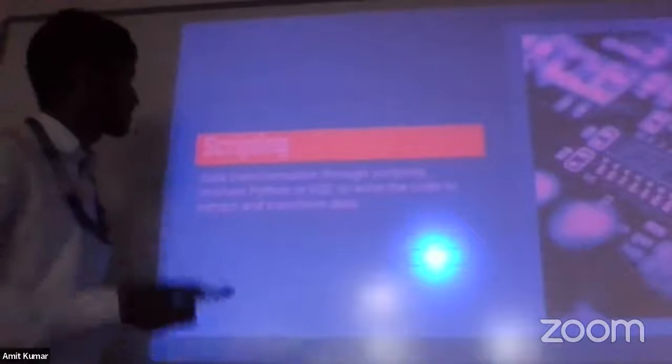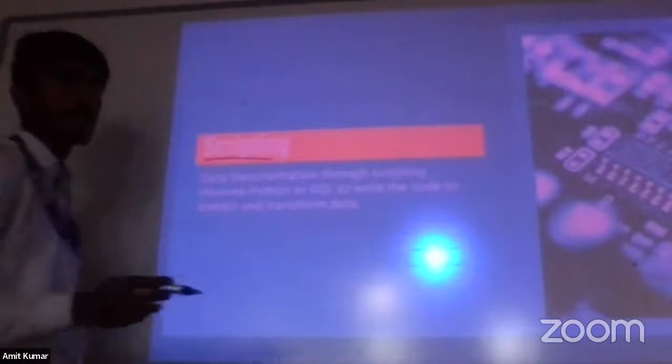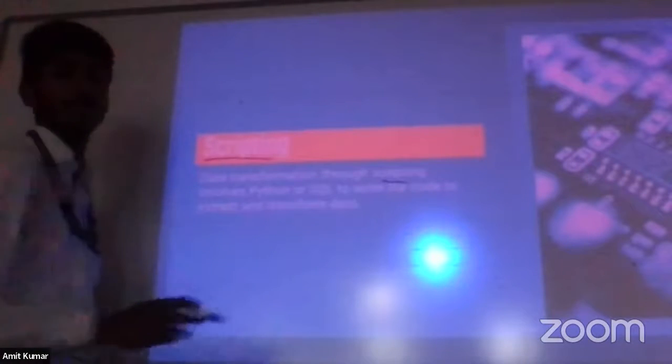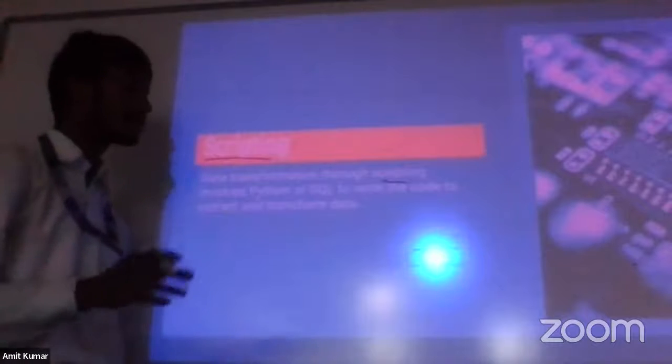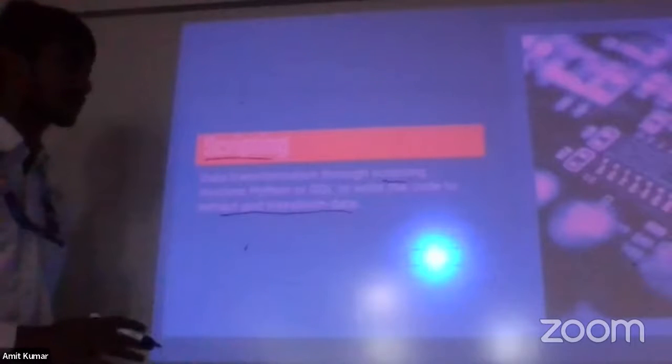Ways of data transformation. Scripting is a way where the data is transformed, using scripting languages like Python and SQL. We write code to extract and transfer the data. SQL is the easiest process for extracting, loading and transferring the data.